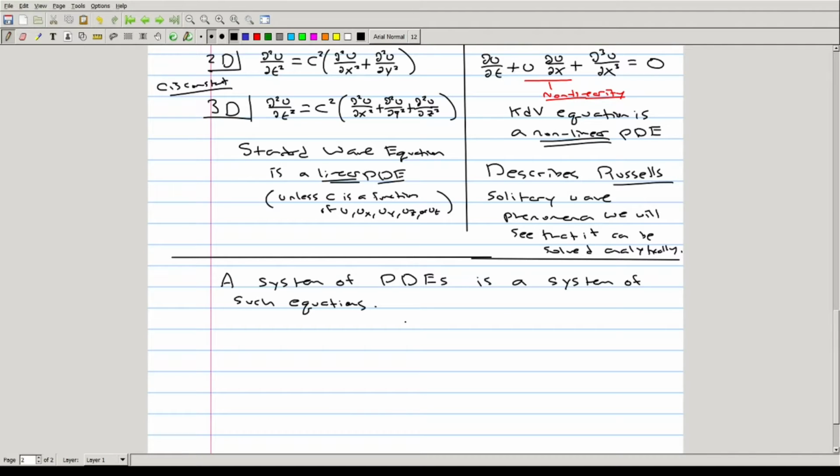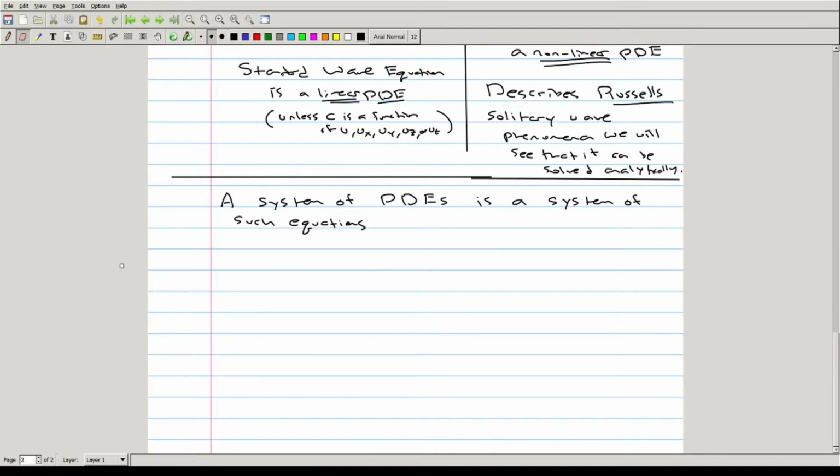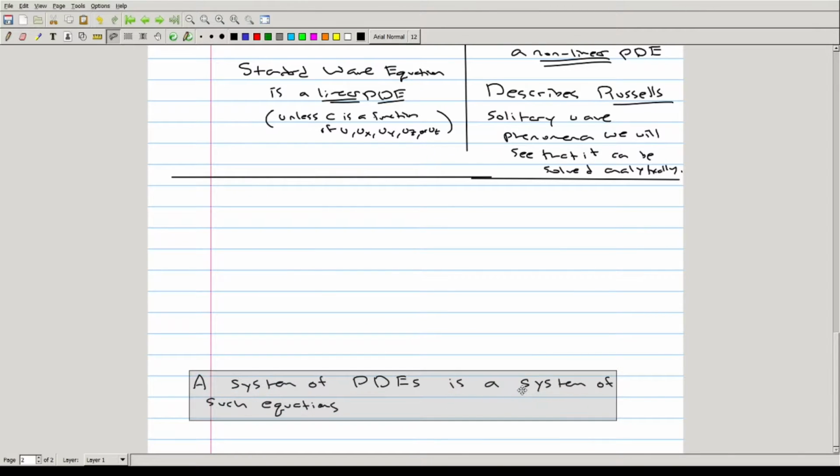When you have multiple dependent variables and multiple independent variables, each of which are related to one another through a complicated system in terms of the partial derivatives, you have a system of partial differential equations. Each one of these partial differential equations is an example of a single partial differential equation. I'm not going to write down exactly the general form for a system.